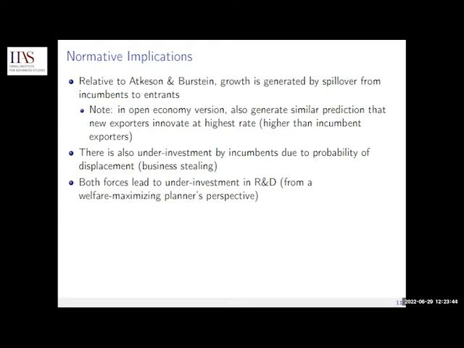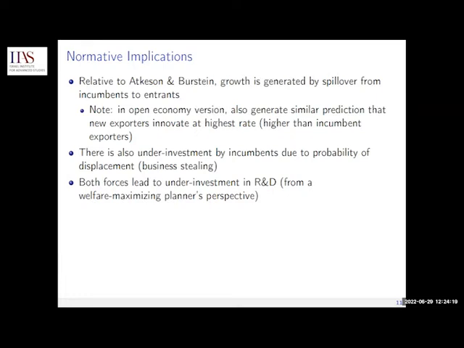You get the feature that the innovation by the higher Q firms that export is higher than the innovation by the low Q firms that don't export. But you also get that the highest innovation is going to be by the new exporters, the ones for which the rise in their Q is going to allow them to export, and that's going to be the highest level of innovation.